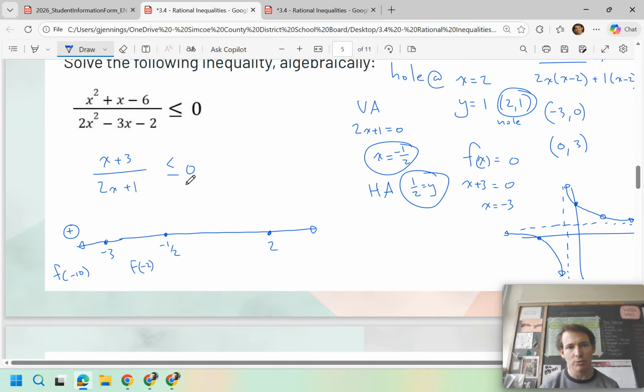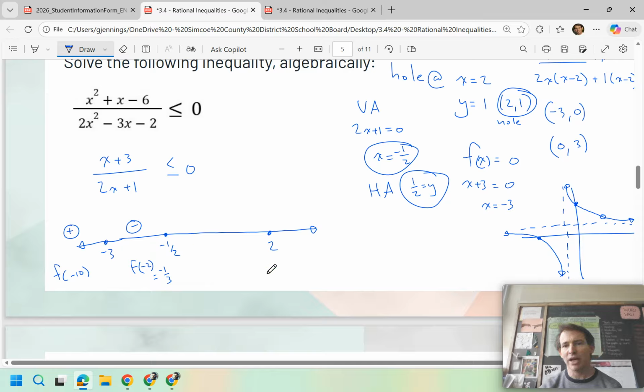Minus 2 plus 3 is 1. Minus 2 times 2 is minus 4, plus 1 is minus 3. So this gave us negative 1/3, and negative 1/3 is indeed negative. So that's what we're looking for.